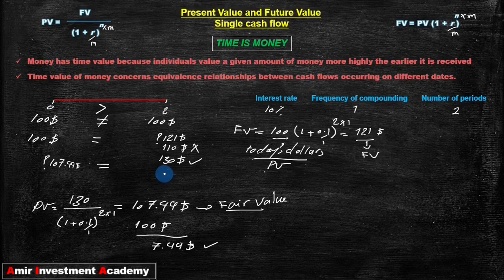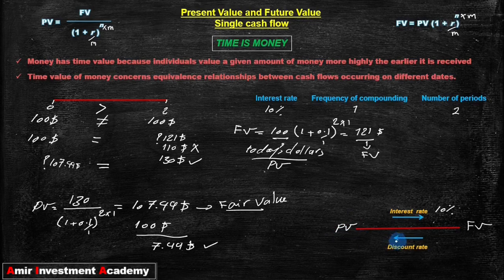So let's also understand some terminology here. If we have our PV here and our future value here, generally when we're going forward, that's called the interest rate, which in our example is 10%. Now, when we are going backwards from future value to present value, it is called discount rate, which is the same rate, just different terminology for different situations.